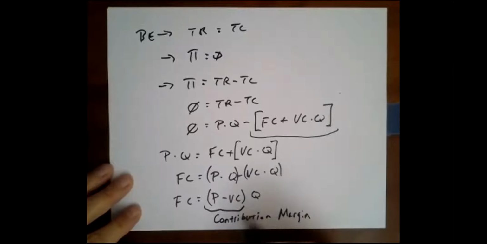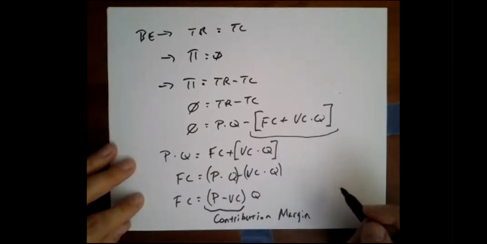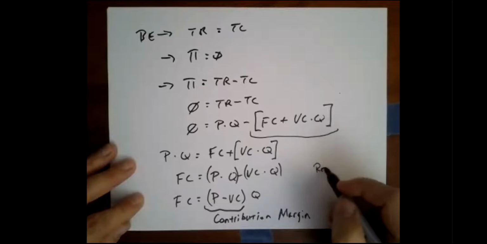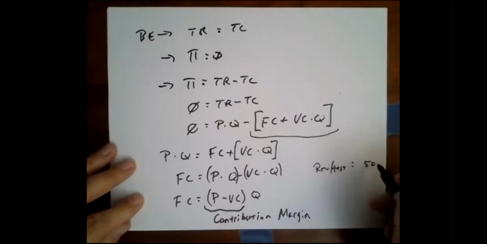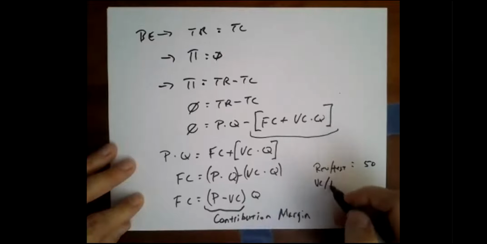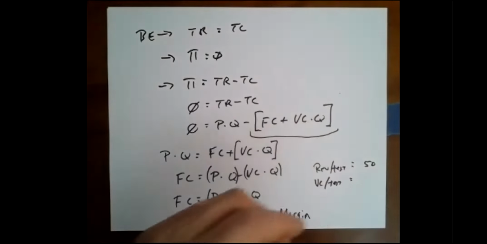And so in our example earlier, and we'll come back to this in a second, in the example we did last time, we were talking about the lab, and the lab had revenue per test equal to 50 and variable cost per test equal to 10, I believe. Yes.